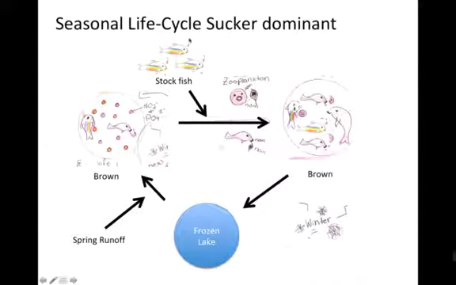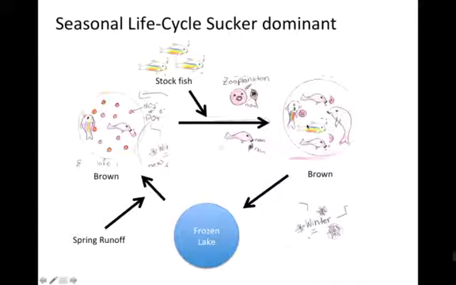Again, we stock fish. We might have a phytoplankton, zooplankton cycle, but we get a lake that is more and more driven by sucker population. It continues to be brown through the fall, and then lakes freeze and the cycle continues.